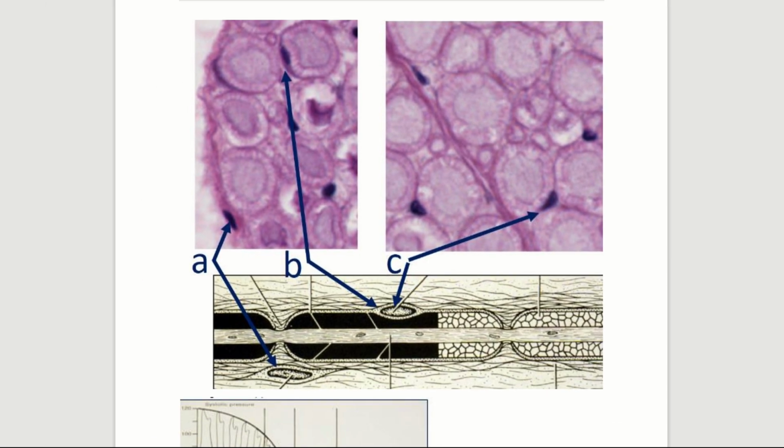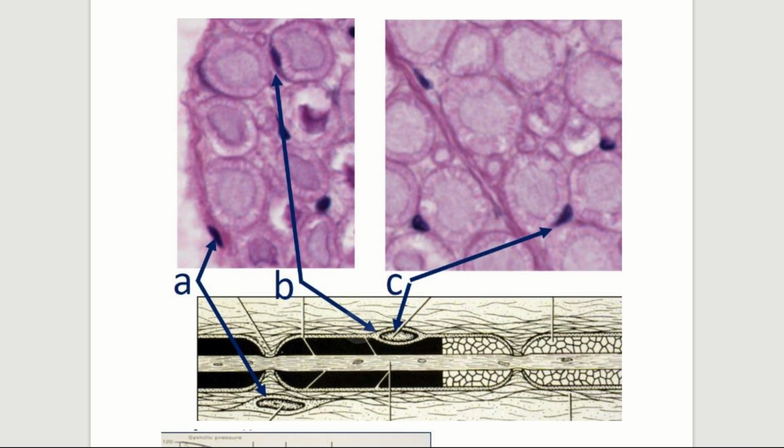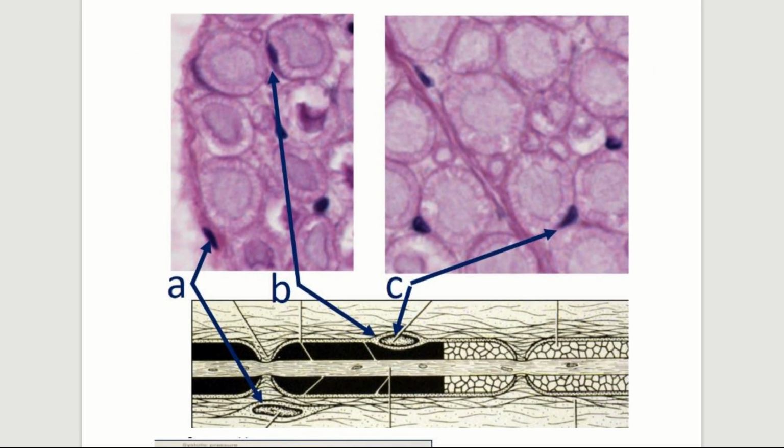Okay, this one right here. So we're talking about nerve. And so what A is pointing to in the diagram and in the picture is this kind of cell lining the outside of this nerve axon. So this is a nerve axon, and this is the cell lining the outside of it.